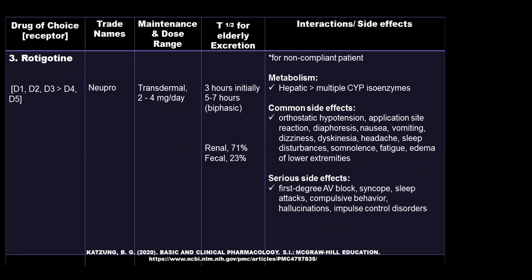The third one would be rotigotine, which is a distinct DA in the sense that it is administered by a transdermal patch. So it is a good choice for non-compliant patients that have problems in daily dosing or drug adherence, since drug delivery through the skin means avoidance of gastrointestinal incompatibility and hepatic first pass metabolism, without the unpleasant and painful experiences with injection or rectal applications.